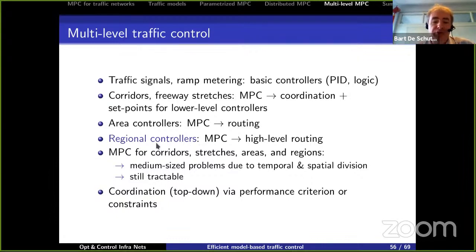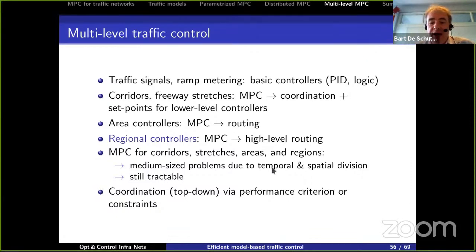And for the regional controllers, you're going to look at a higher level. You might consider a city that is divided in certain areas, and you want to route the traffic from one area to the other, but not at the road level or at the freeway level, but considering even different areas.